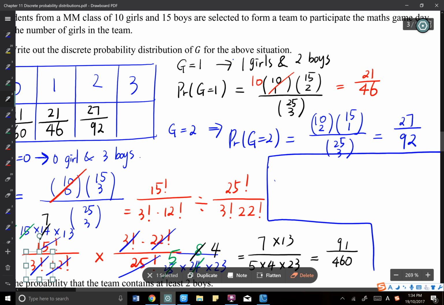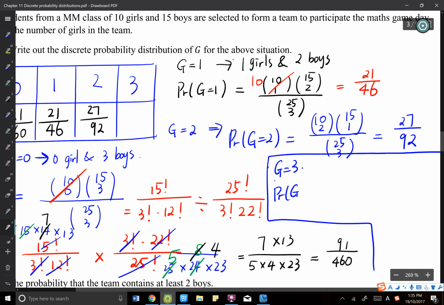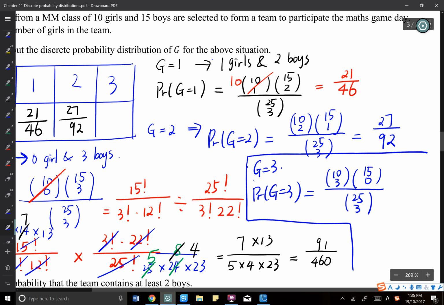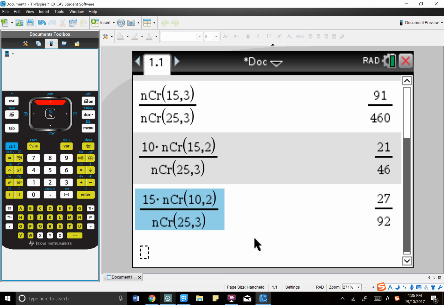And the last one is when G equals 3. The probability that G equals 3 equals select 3 from 10, select nothing from 15, but select 3 from 25 again. 15 select 0 is 1, so you don't have that.